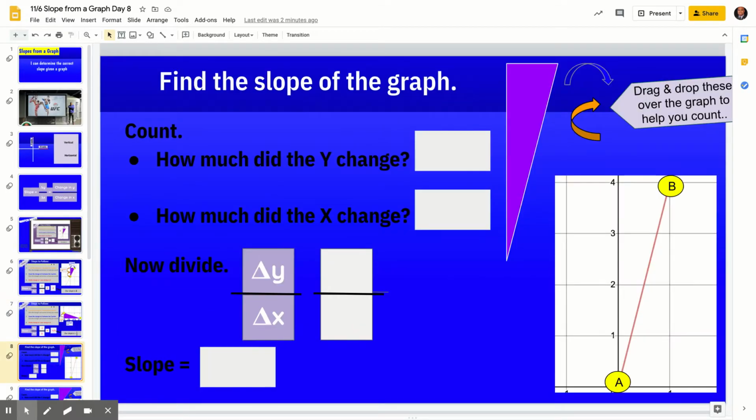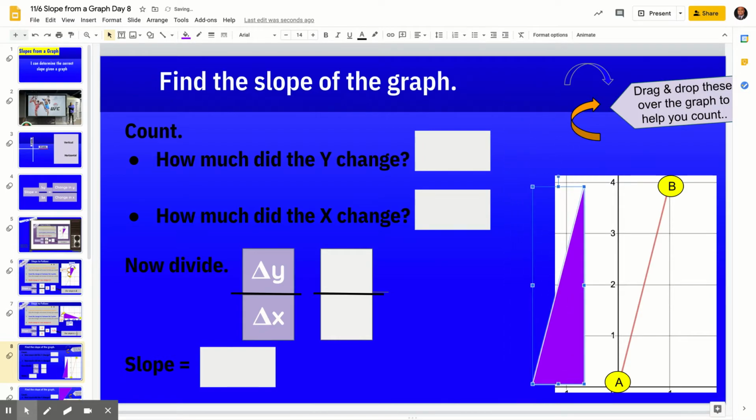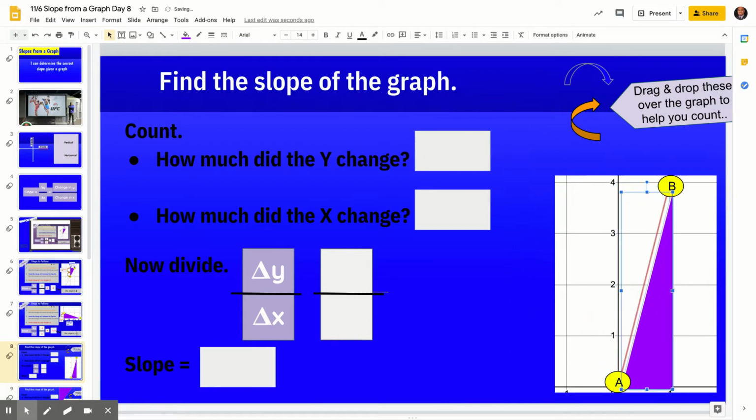So slide 8 is where you start taking over. You're going to need to move our triangle. You might have to rotate it, do what you need to do, but points A and B are given to you. So you're going to need to place our triangle. Okay, so let me do that myself. Boom. You're going to need to place our triangle on the graph, as you see that I'm doing.